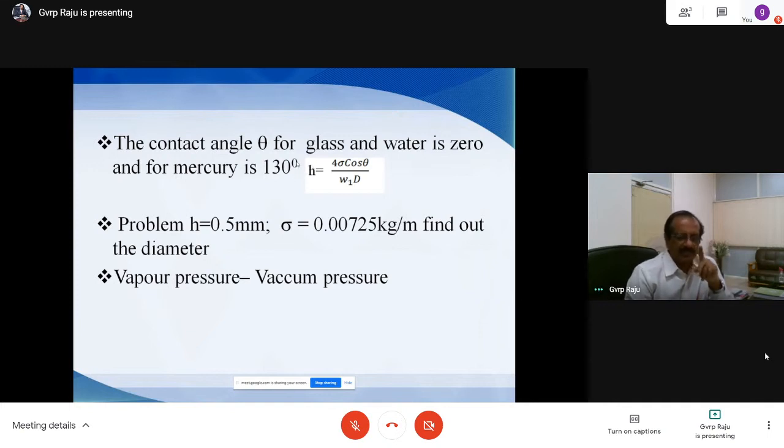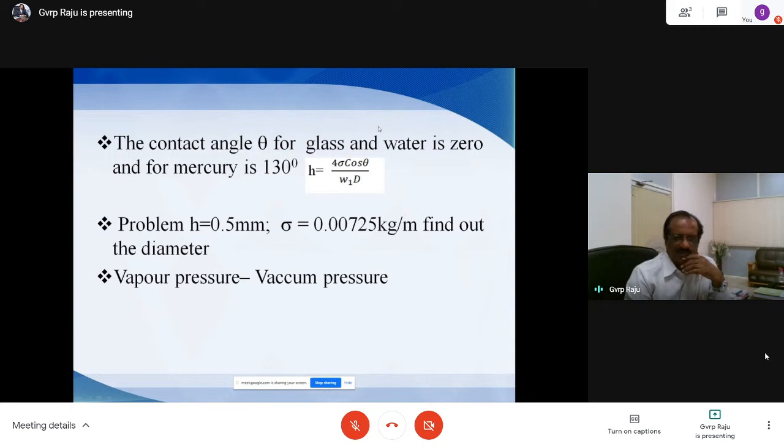So the specific weight of fluid is equal to specific gravity of the fluid multiplied by specific weight of water. So W1 is the specific weight of fluid, which is equal to specific weight of water into specific gravity. So 0.9 into 1000 will be the specific weight of the fluid. So it will be 900.